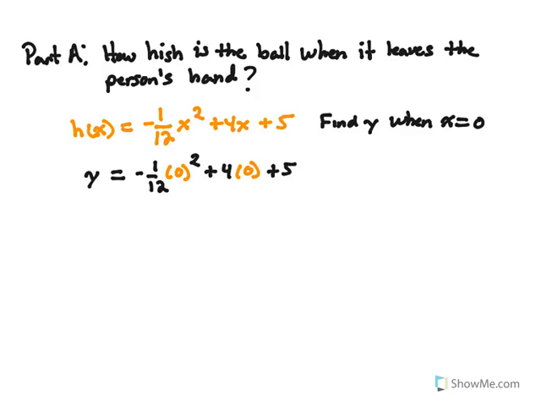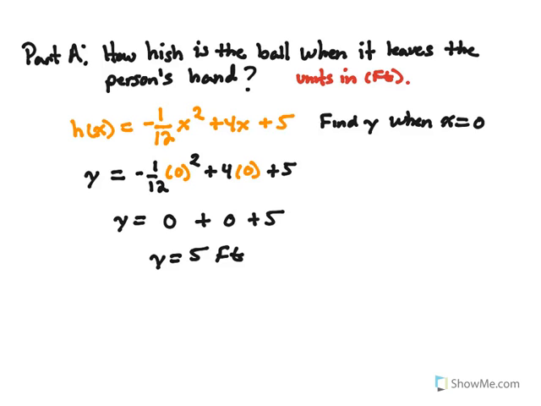Now 0 squared is 0, times negative 1/12 is still going to be 0, right? 4 times 0 is still 0. So my y is going to be 5 feet. The units we're going to be using are in feet, by the way.